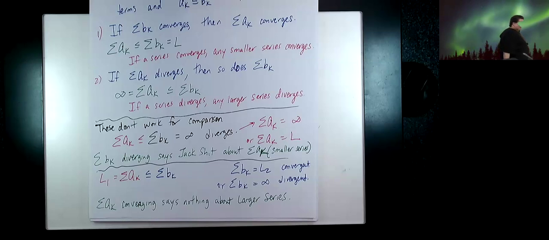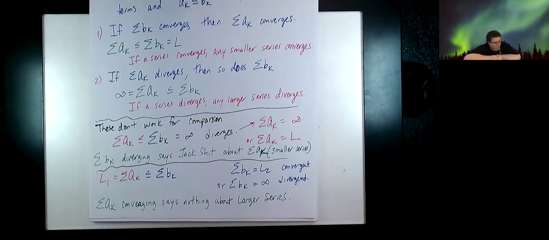You are going to start with one series. That's what you're going to start with. So you are picking another series to compare it to, and you want to pick one that you know how to work with. What do we have right now that we know how to work with? We know how to work with P-series tests. We could do a geometric test if we see that.